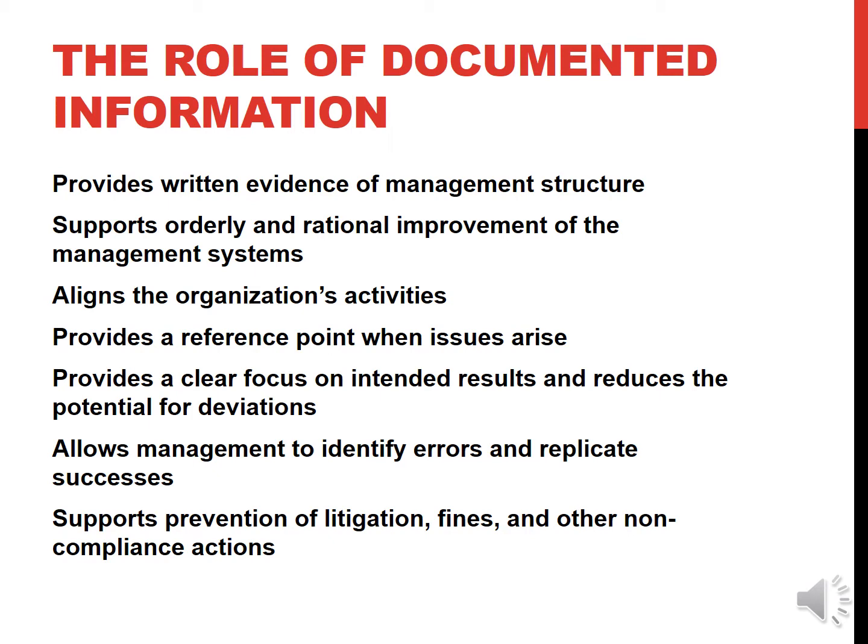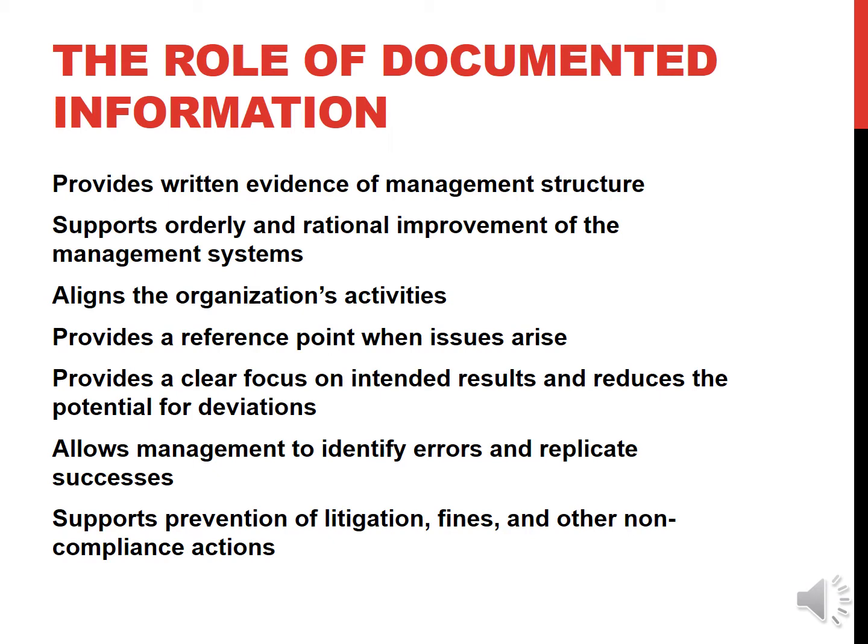Documented information also provides a clear focus on intended results and reduces the potential for deviation. When we document objectives, we state very clearly where we're going, and that also again leads to a common understanding of the goals, of the outcomes that are being desired by management.